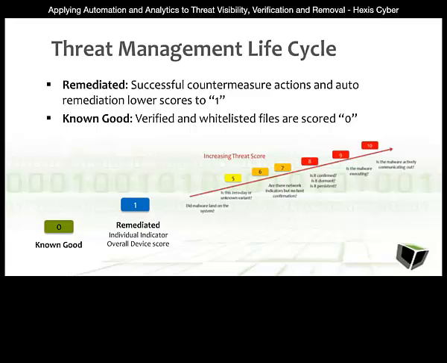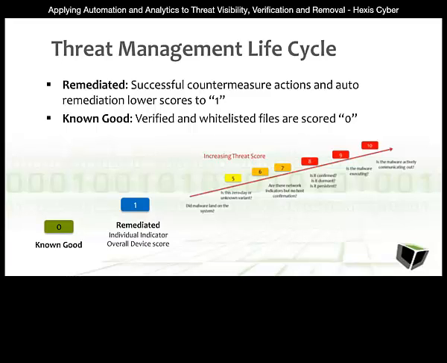When we say that, then we remediate that individual indicator. So if you have 7 or 8 indicators and we take care of 3 of them, then 3 of them will now become remediated. If all of the indicators on that endpoint have been remediated, then the overall device score becomes a 1 or remediated also.